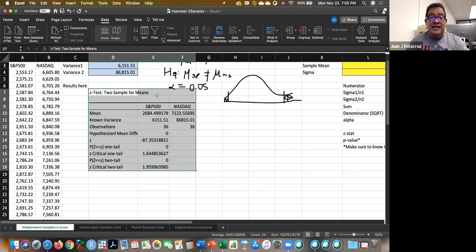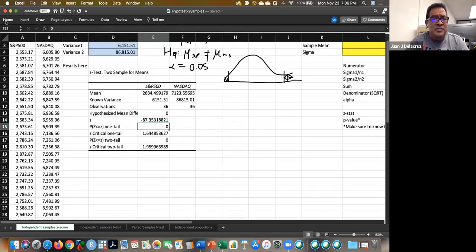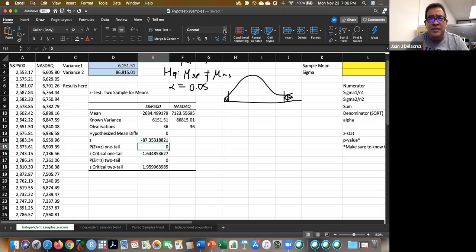As you can see, in less than 5 seconds, I got the results. So my Z value is minus 87. That means there are 87 standard deviations to the left.